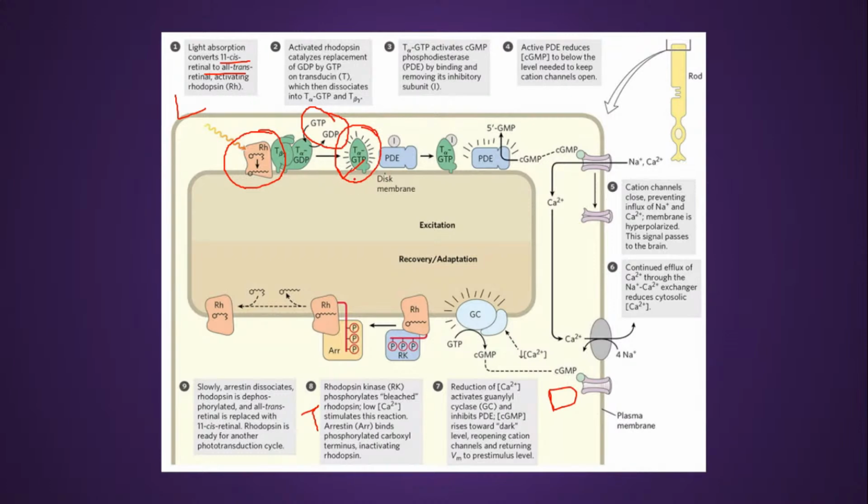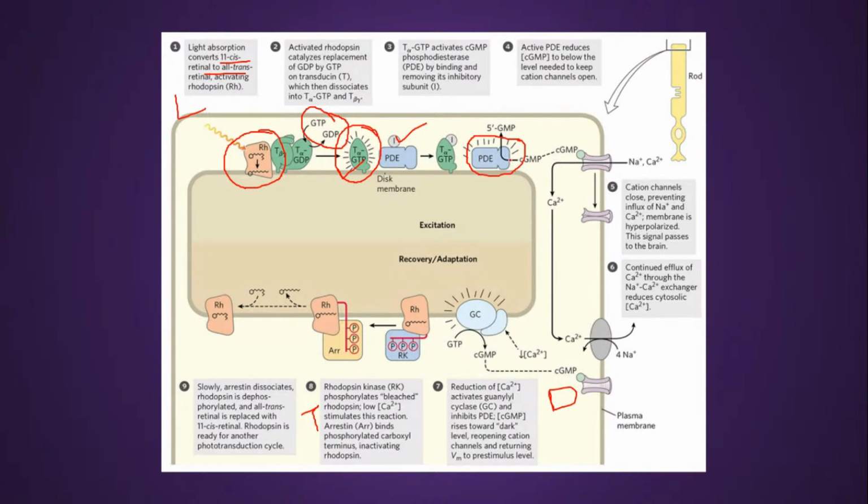After the activation of transducin, this helps in the removal of the inhibitory subunit from phosphodiesterase. So this leads to activation of phosphodiesterase. Once the inhibitory subunit is removed, your phosphodiesterase becomes active.